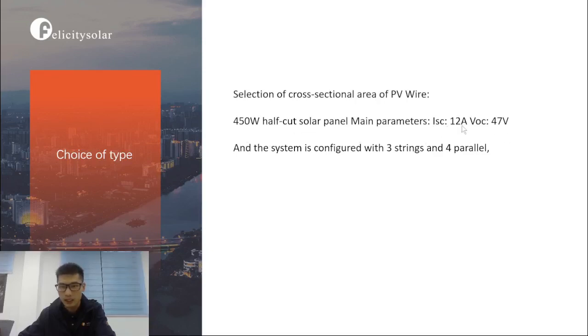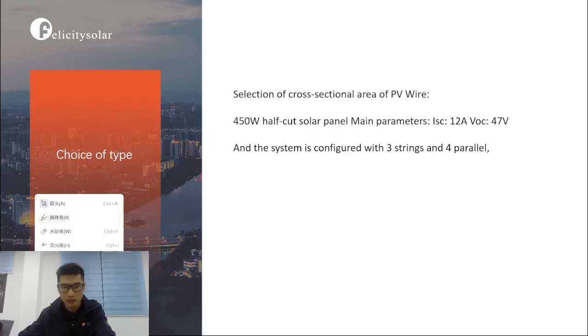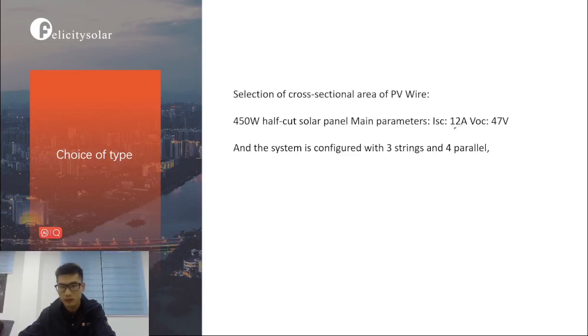The ISC of the solar panel is 12 ampere, and the VOC is 47 voltage. And the system is configured in 3 strands and 4 parallels. So I need you to calculate the current. I'll give you 1 minute, and 1 minute later, we'll do the calculation together. But before that, I hope you do that by yourself.